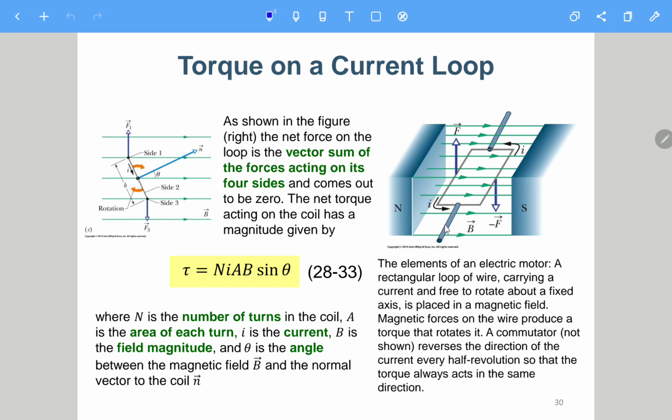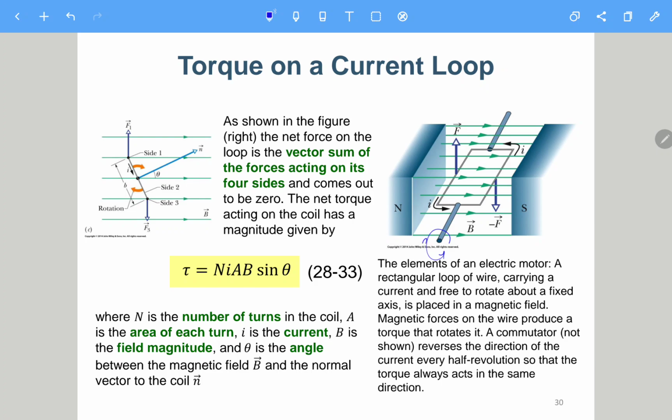Here we try to place a current loop. We fix the current loop with these two bars with a rotational axis. So this current loop cannot be moved but can only rotate, either in this direction or that direction.